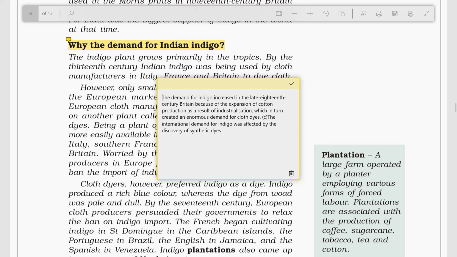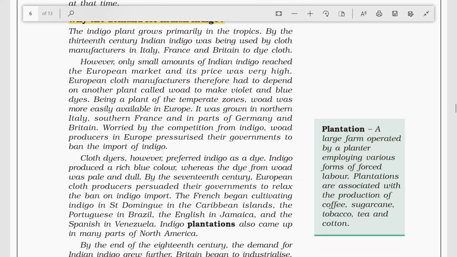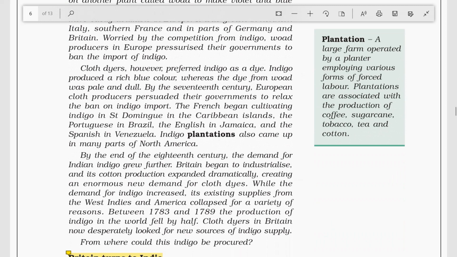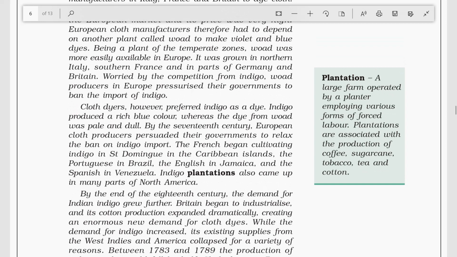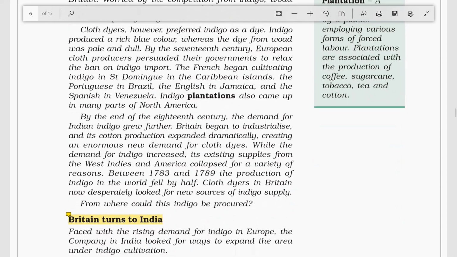But soon they realized that Indian indigo was much in demand in the European countries because it was giving a very rich blue color. So the British government forced the Indian farmers to cultivate more and more indigo.